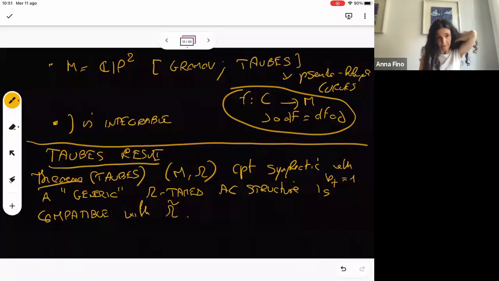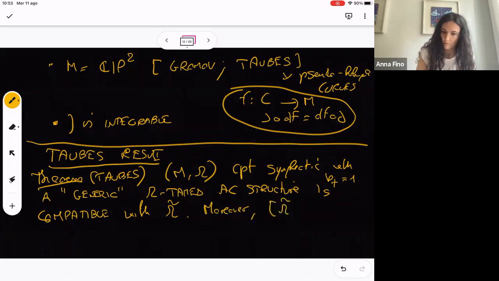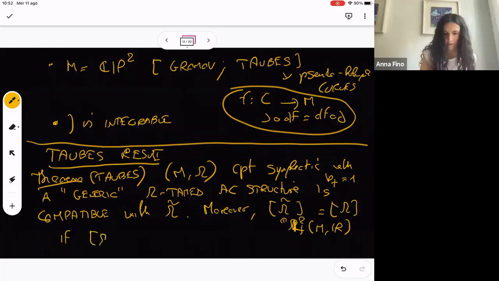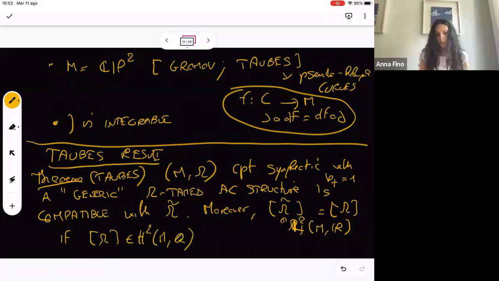But the nice thing here is that it shows something more. Moreover, if you take the class of this omega tilde, the class in H2, sorry, the homology, then it is equal to the class of omega if omega defines a rational class.